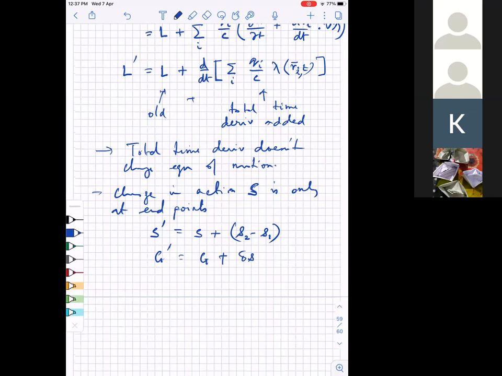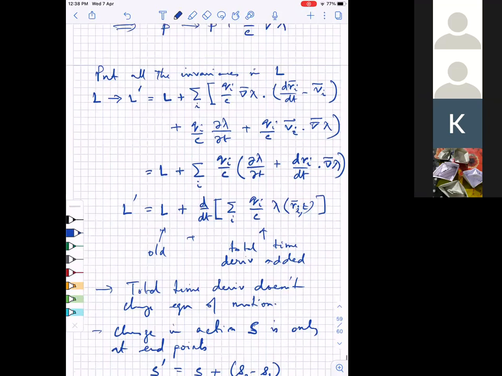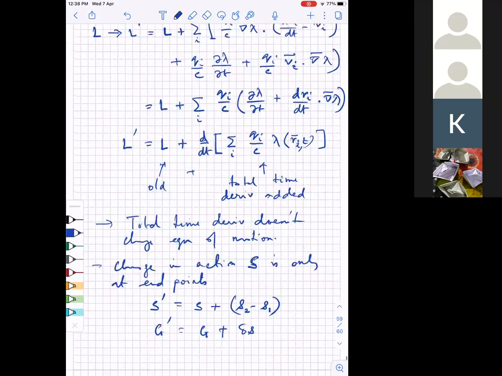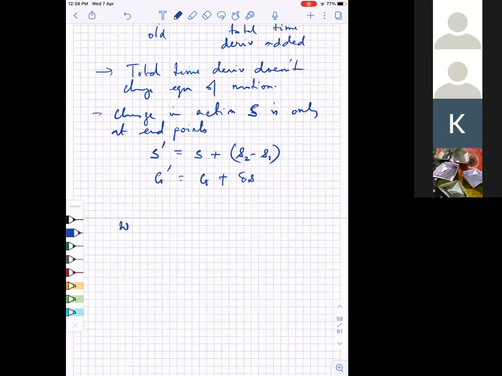And you have these generators which appear, which are basically the endpoint contributions. So now we'll write down the previous equation to see what this means.